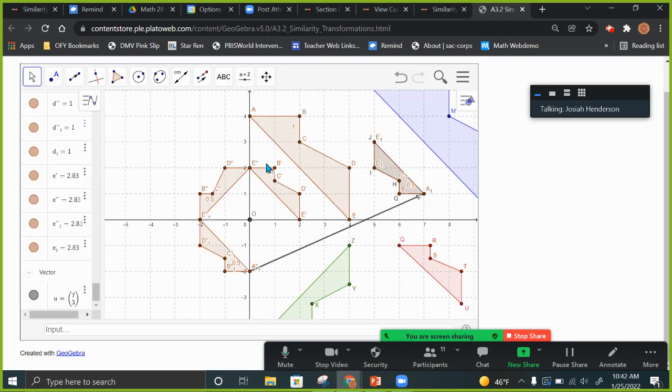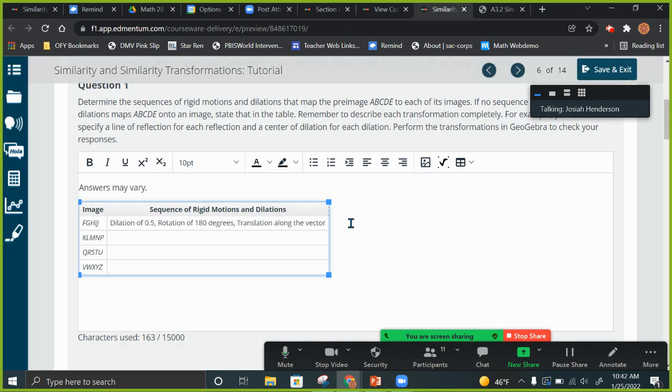And I'm going to even look up and see how many units up and over that was. So it went up 1, 2, 3 squares and over 1, 2, 3, 4, 5, 6, 7. Up 3, right 7. So that was exactly what we did. Up 3 and right 7.